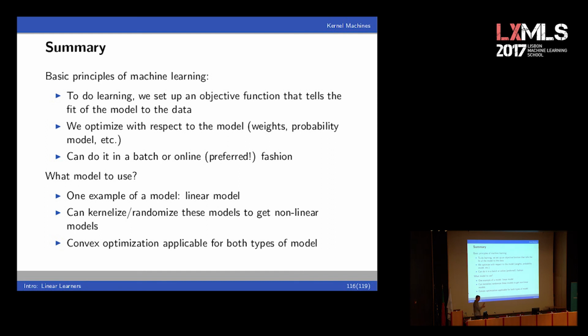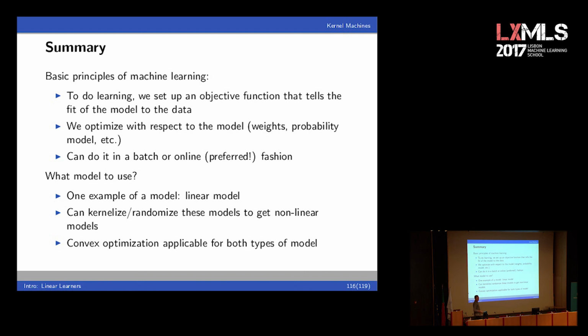So it's a function that is convex and differentiable. Then you can use these very efficient stochastic gradient descent algorithms, and you can do it in batch or online, depending on what your data set looks like. Batch learning converges faster in theory, but it uses more memory. Online learning, if you have a large data set, is probably the way to go.